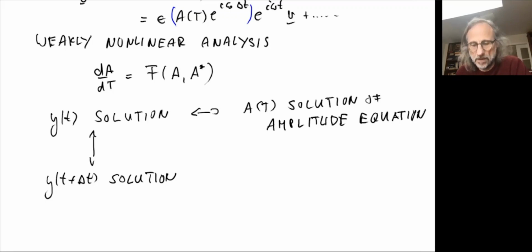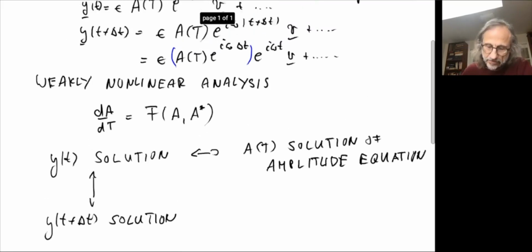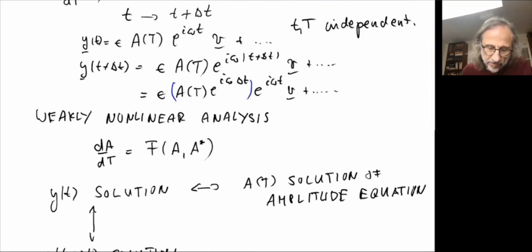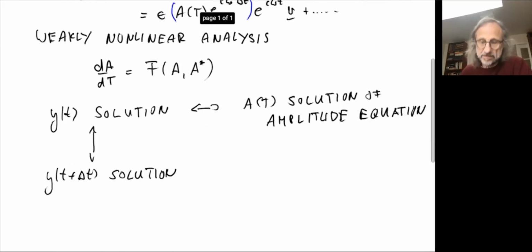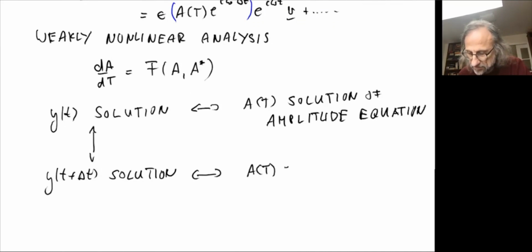Now, as we saw here, when you do the calculation with y of t plus delta t, it's the same as if you did the calculation as you did it for y, but instead of A, you have A times e to the i omega delta t. And so we know that if y of t plus delta t is a solution, then A of t times e to the i omega delta t is a solution of the amplitude equation.